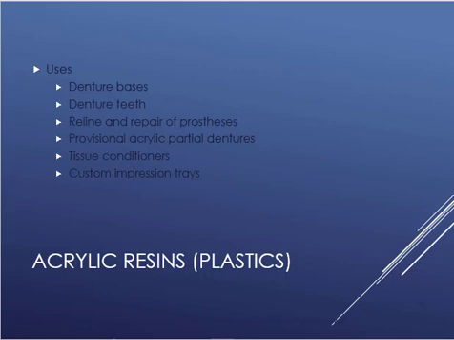The acrylic resin forms when a liquid monomer is mixed with a powder containing small polymer beads. That mixture then undergoes polymerization and ends up being polymethyl methacrylate.